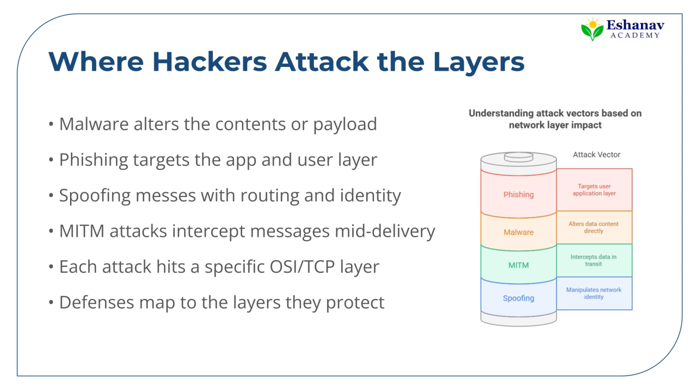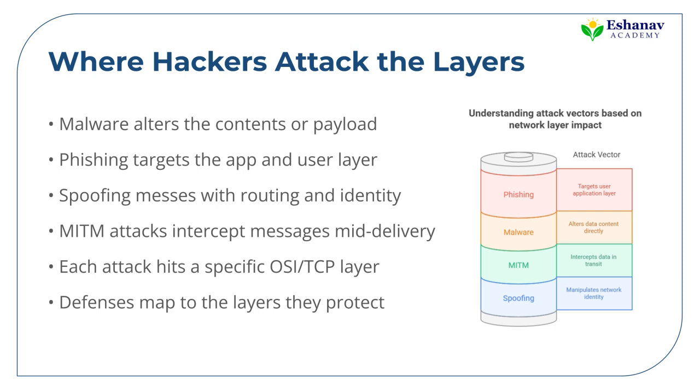Now that you see how data flows, let's talk about who's trying to tamper with that pizza. Cyber attackers don't need to break everything, they just need to disrupt one layer. Imagine someone spoofing your address, intercepting the delivery, or replacing your pizza with malware. These are real tactics. Phishing attacks trick the application layer, man-in-the-middle attacks interfere with transport, and malware can corrupt the contents itself.